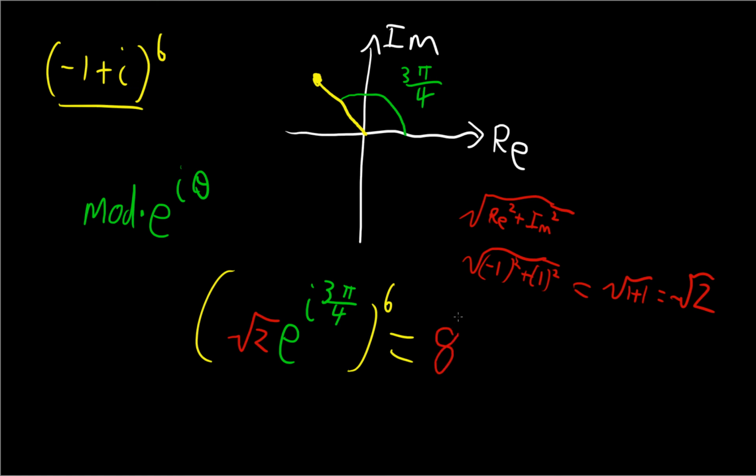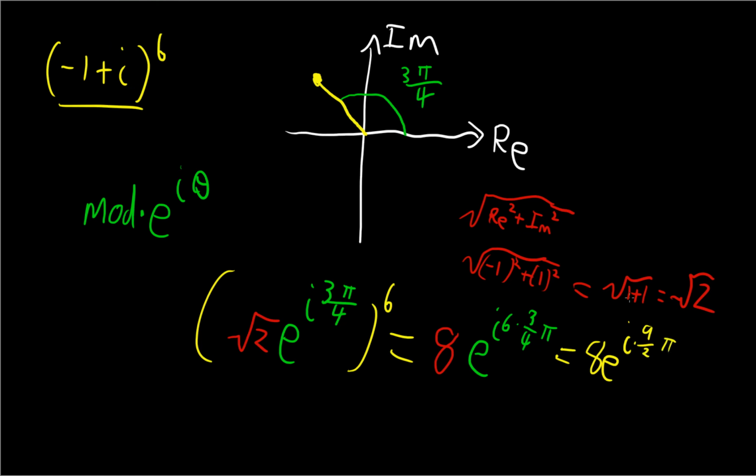So it's going to be 8 times e to the i, 6 times 3/4 pi. 6 times 3/4 is 3 times 3/2, which is 9/2. So our final thing is going to be 8 e to the i times 9/2 pi.